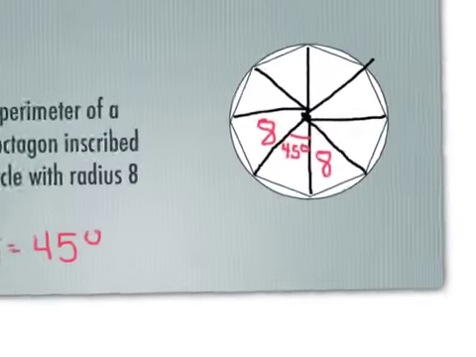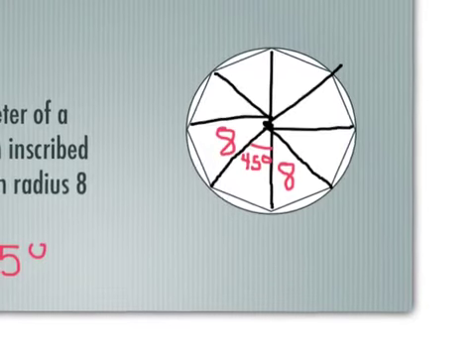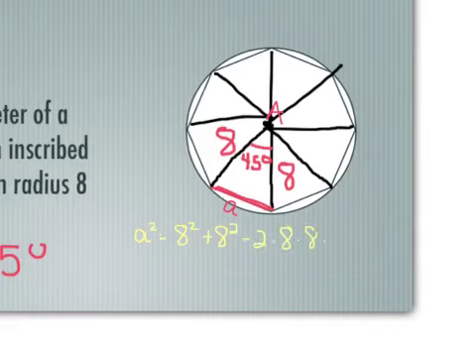Let me make that picture bigger. There we go. And what I really want is the length of this side down here. So I'm going to hit law of cosines just like I did before. I'm going to call this side A, and I'm going to call this top angle angle A. I would set it up as A squared equals 8 squared plus 8 squared minus 2 times 8 times 8 times cosine 45.